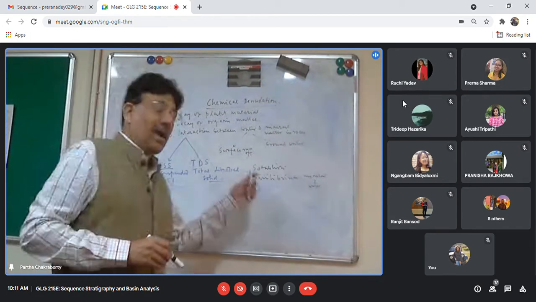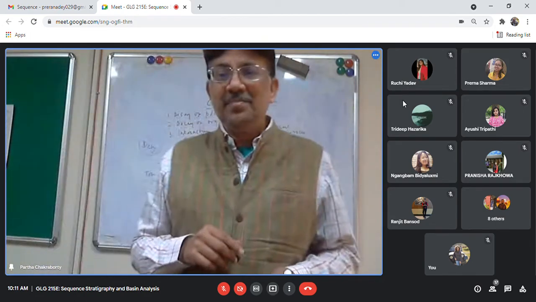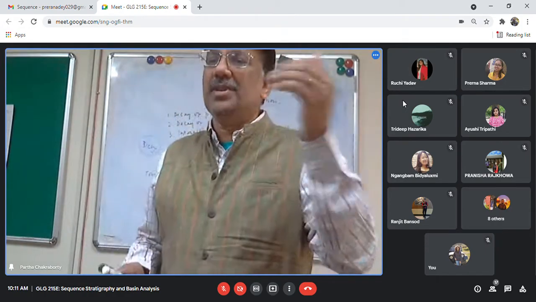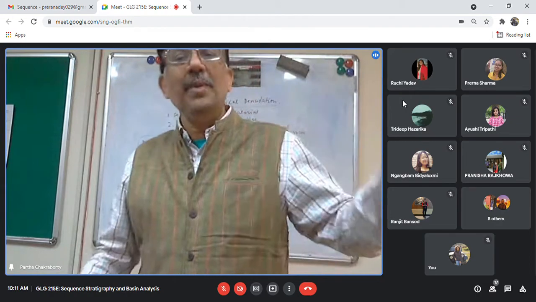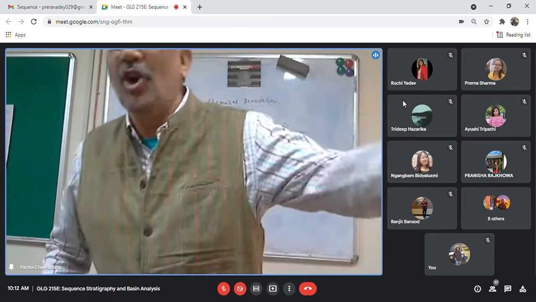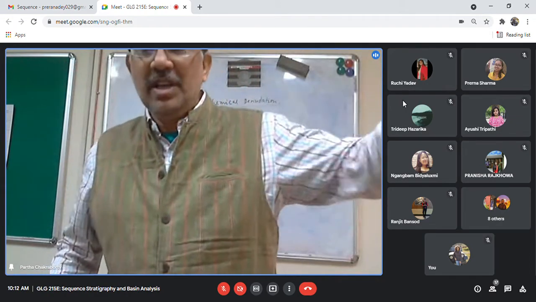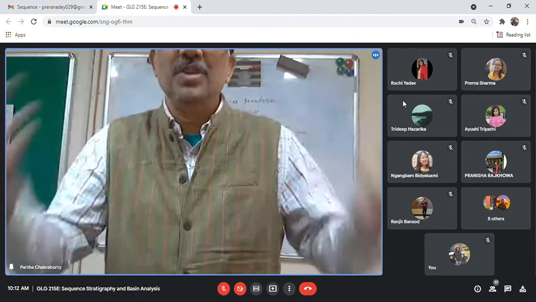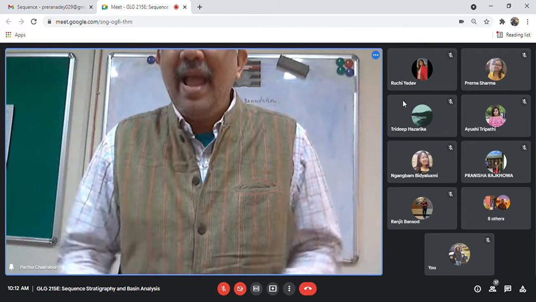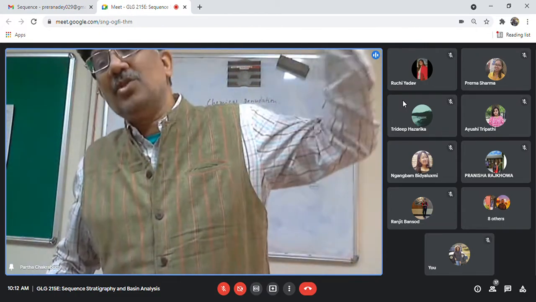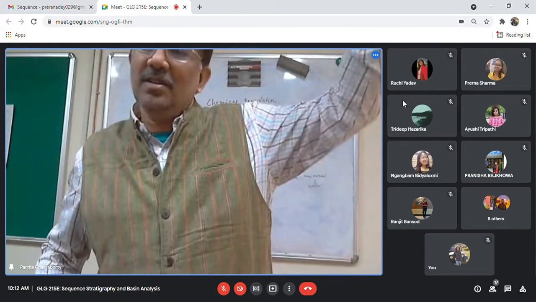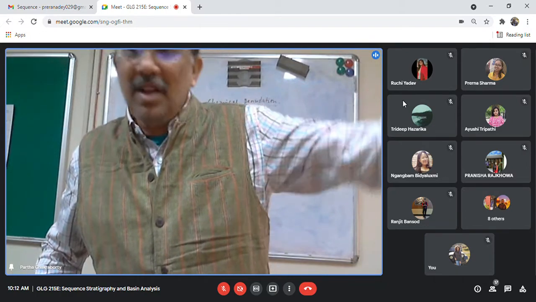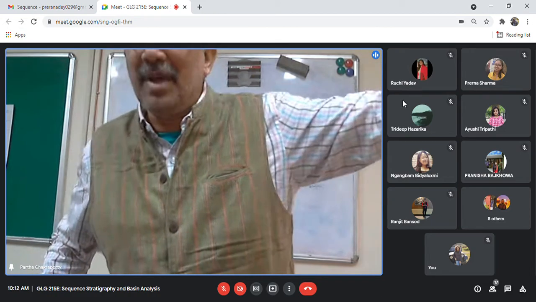Now, the situation is that this equilibrium, for different minerals, as I discussed in the last class, the solubility of different things is of different order. Your rock salt, your gypsum, your silicates, they have different orders of solubility. Some are soluble in the order of millimeter per annum, some are meter per annum.